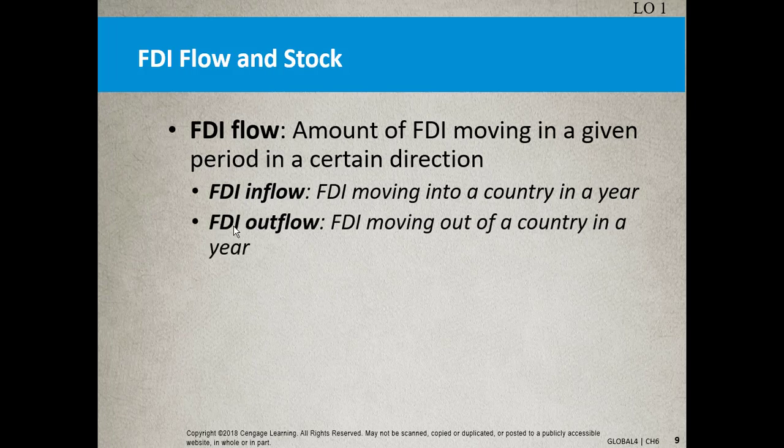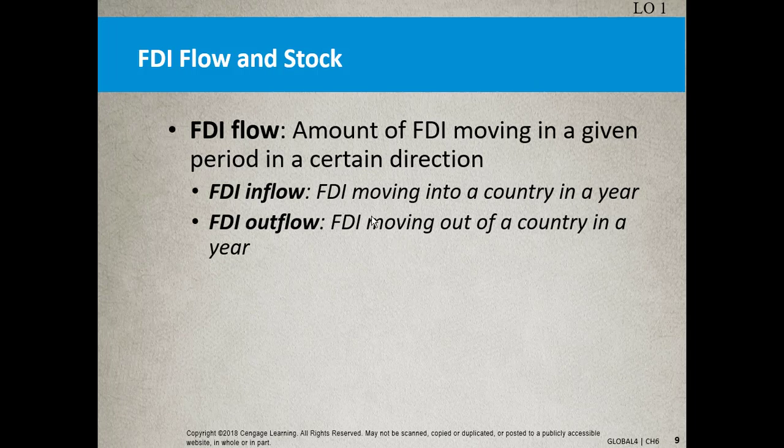For the United States, it's an American company, so it would be FDI outflow. Procter & Gamble spends billions of dollars in India, so FDI is moving out of the US in a year, and for inflow, FDI from the US is moving into India in a year.